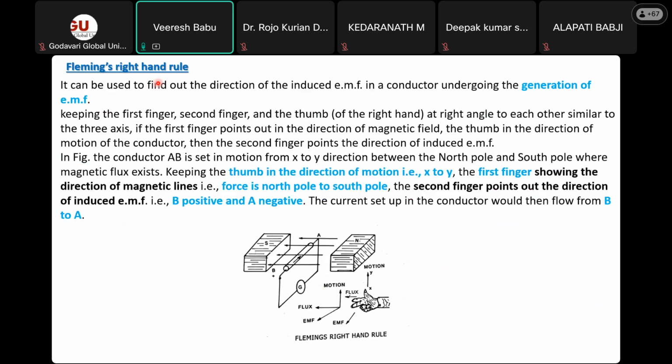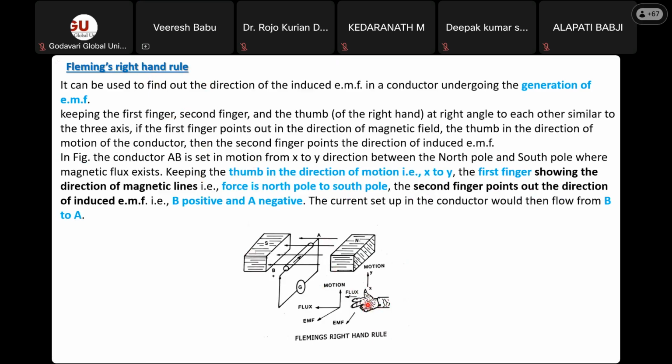Now a very important principle is here, Fleming's right hand rule. This is very important for everybody to know. This is your right hand. Fleming's right hand rule is used for a generator, and the left hand is used where a DC motor is concerned.